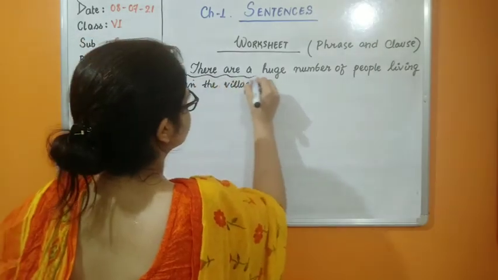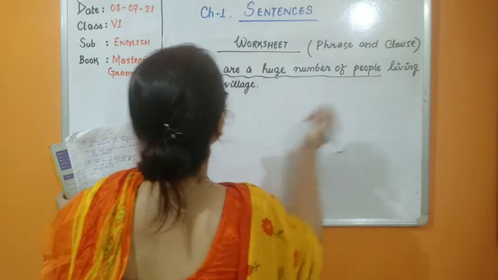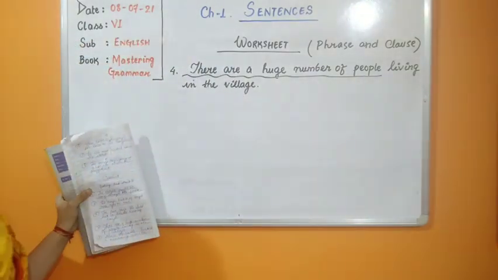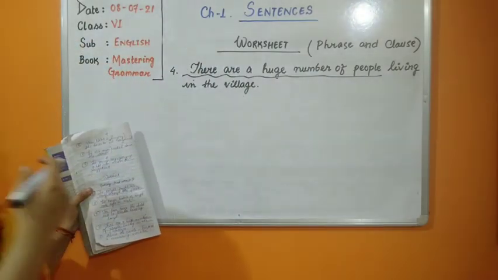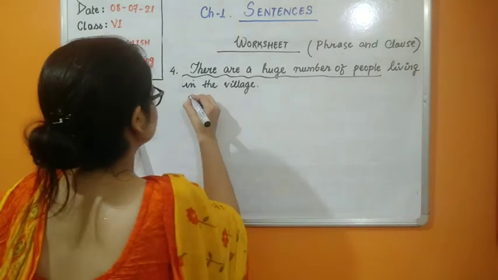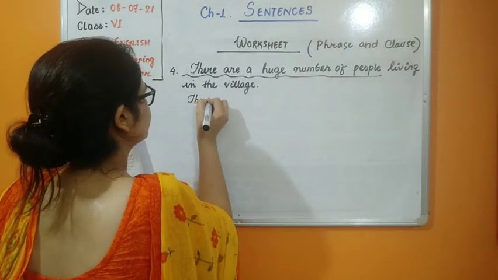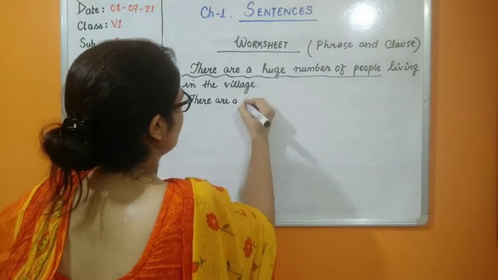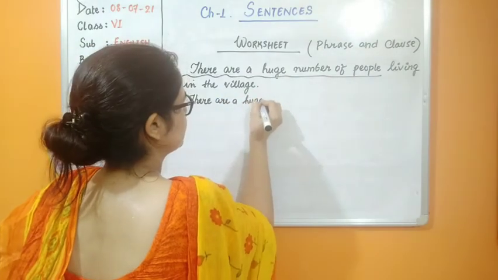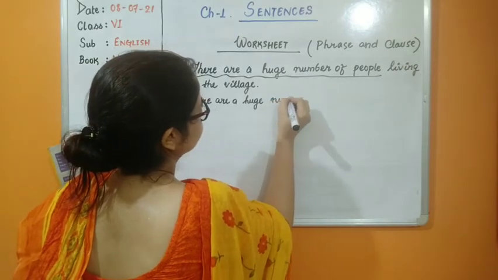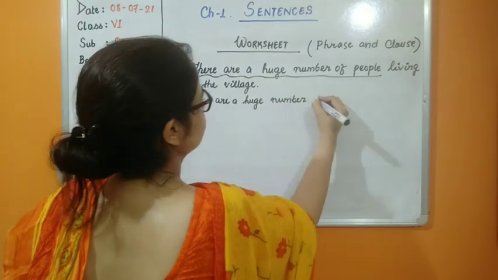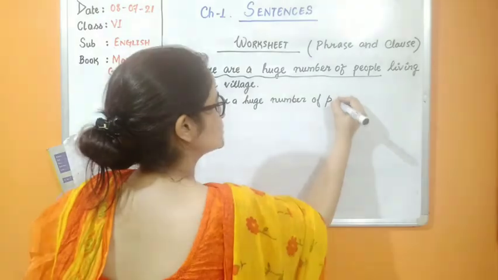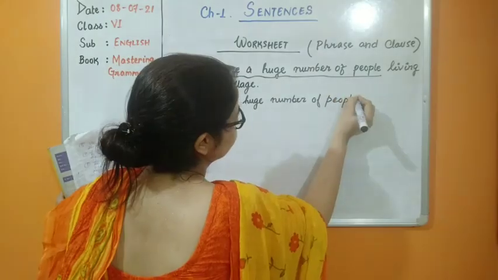And the group of words that is underlined is this one. So children, do we have a verb? No, we do not have it. So this group of words, there are a huge number of people, is what children? Is a phrase.